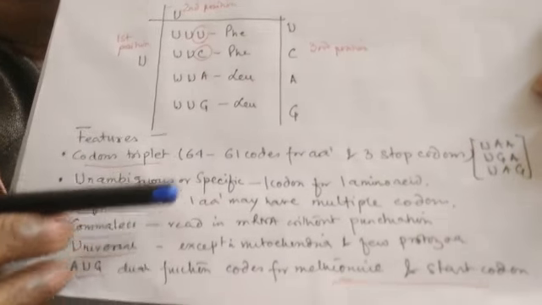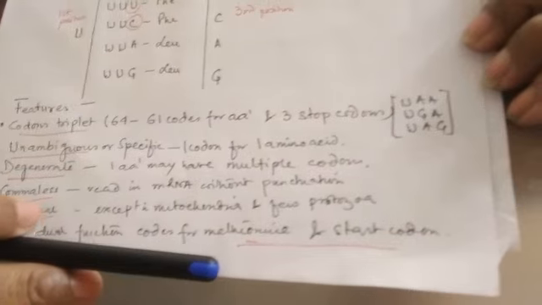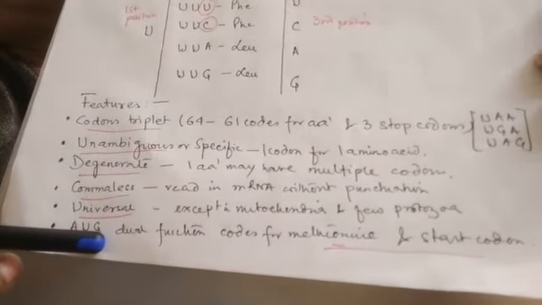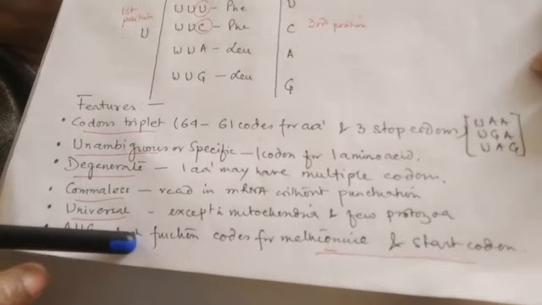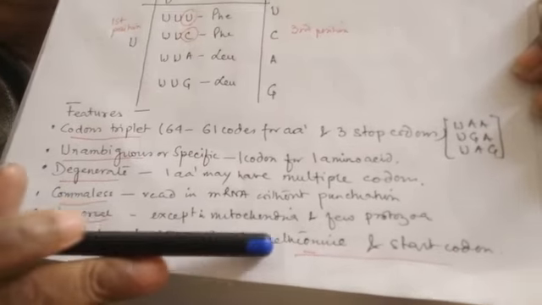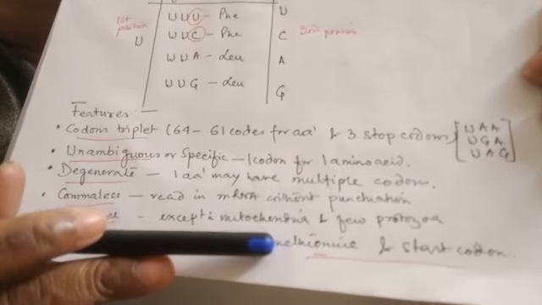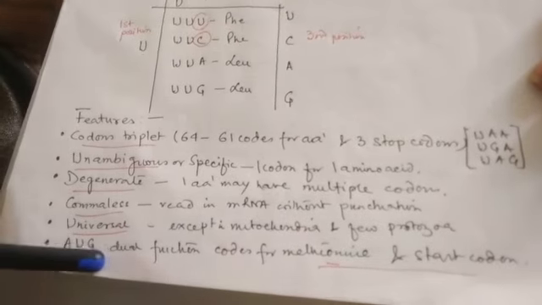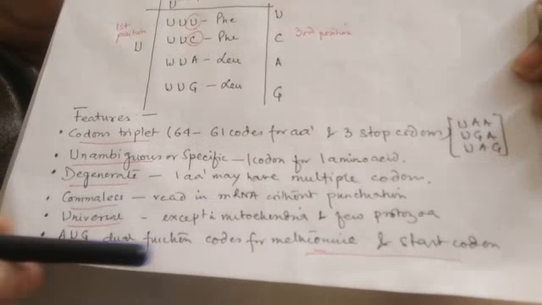And the start codon is AUG. You can see this AUG is the start codon, and it has a dual function. It acts as a start codon: wherever polypeptide synthesis has to start, it starts with AUG.